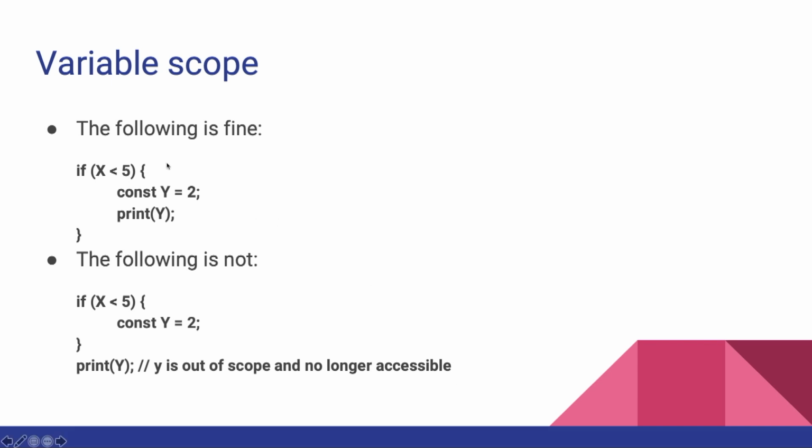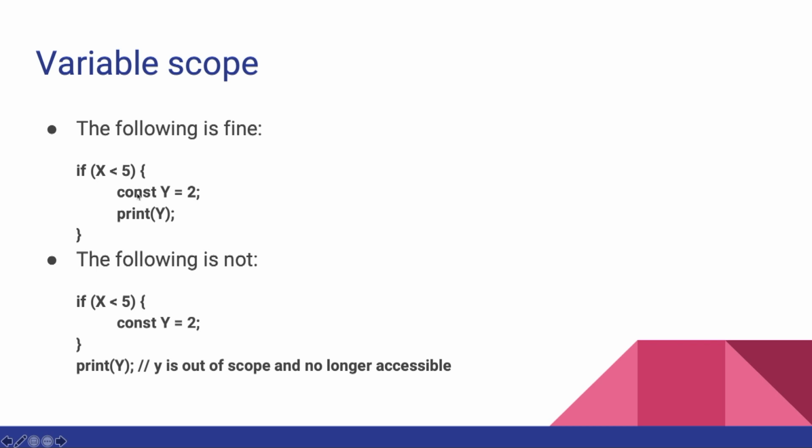So if you are using const, the rules are a little funny. We've defined x previously. If we define y inside this if statement, then the scope, where you can see it, in fact, how long it actually lives, is between where it's initialized and the next brace.